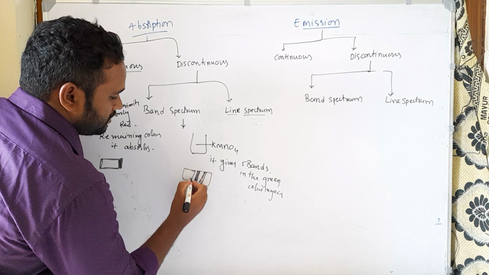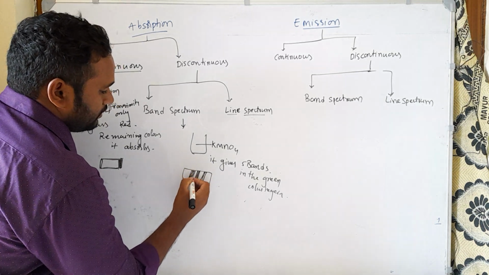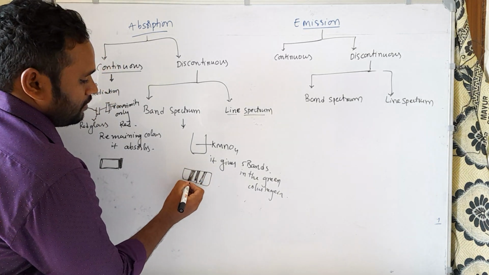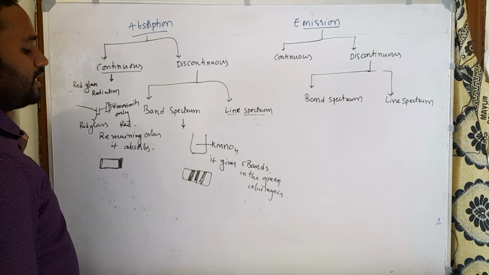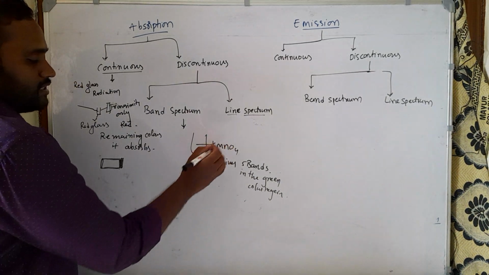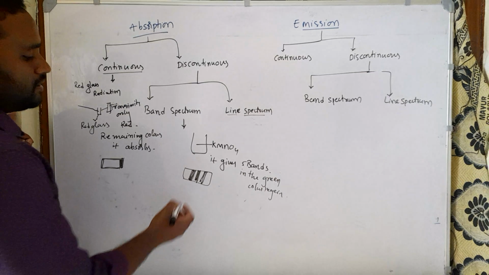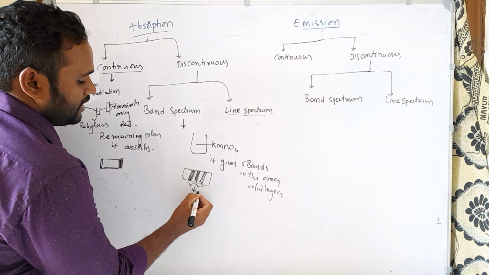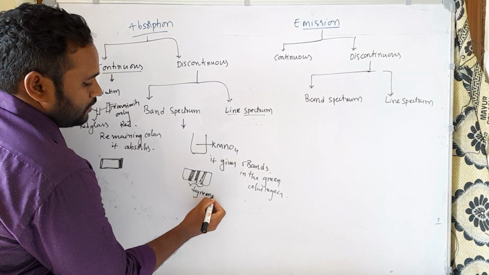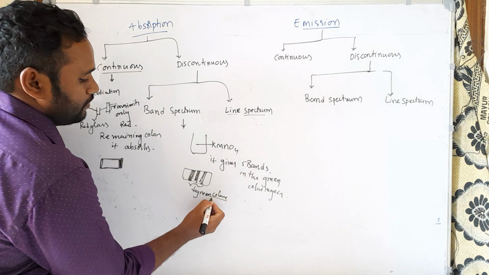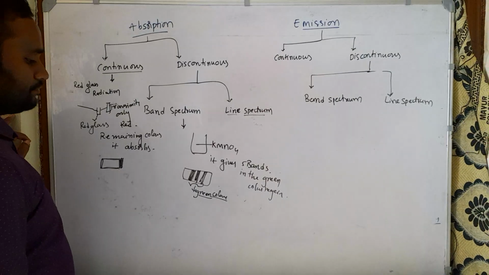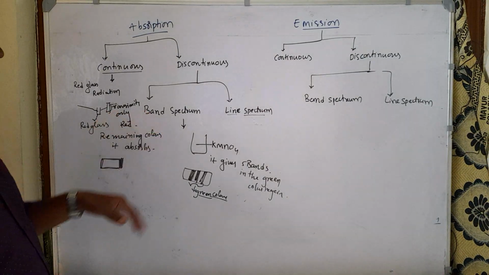KMnO4 is absorbing all the remaining colors and transmitting only green color. So that is band spectrum.